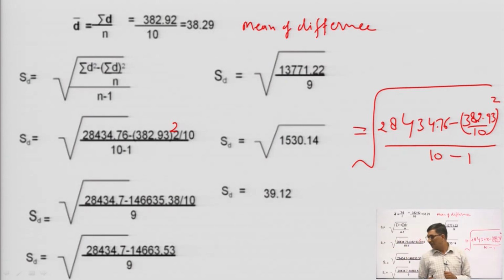When we divide this value 1,46,635 by 10, it becomes 14,663.53 divided by 9. On solving this, we get standard deviation of the difference is 39.12.